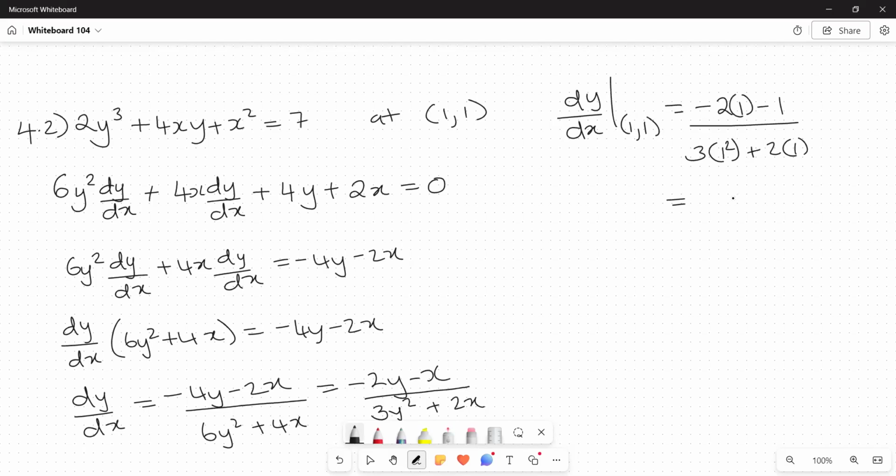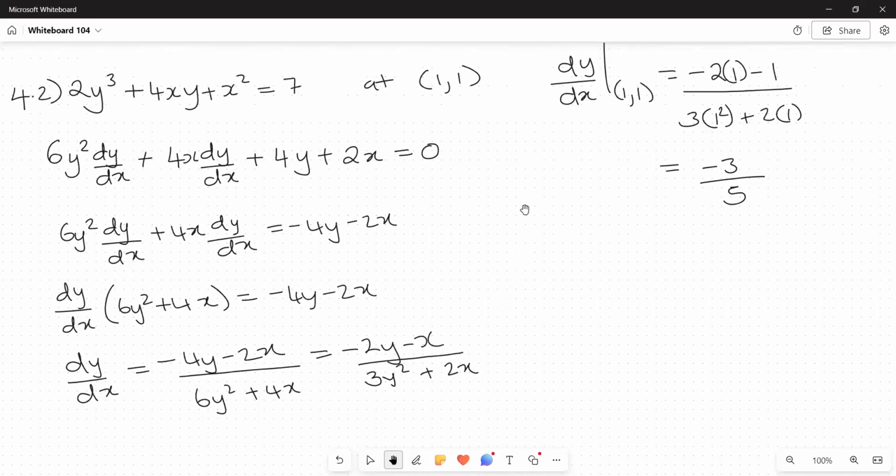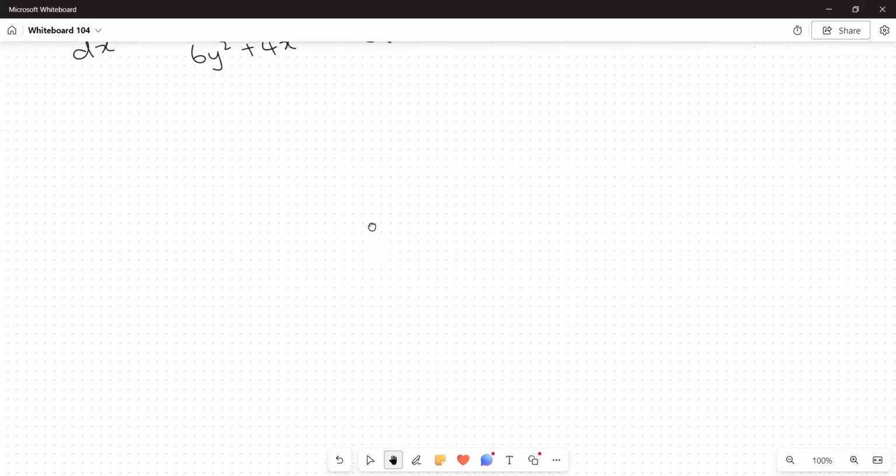Okay, so in the numerator, I have minus 3. In the denominator, I have 5. So my answer is minus 3/5. Okay, so that is the gradient of the curve at the point 1, 1, which is also the gradient of the tangent to the curve at the point 1, 1.